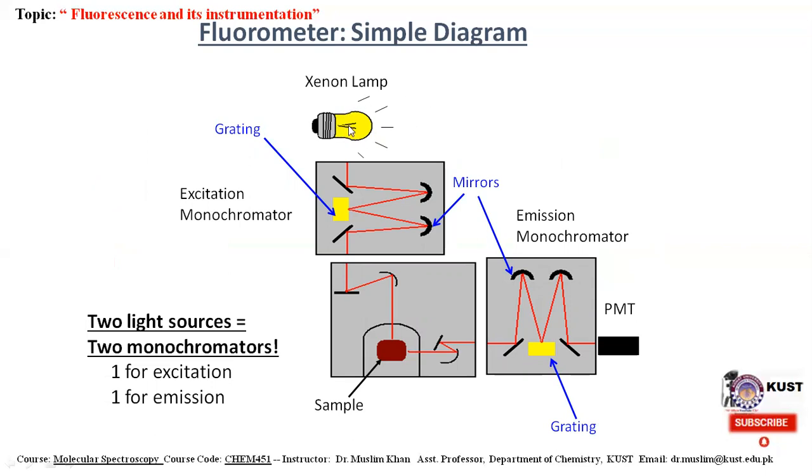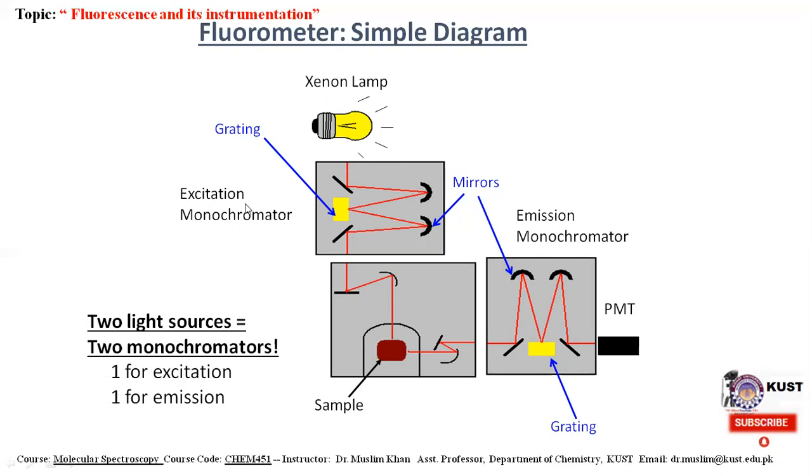There are different types of light sources used, which we will discuss in our coming slides. When this light comes from this polychromatic xenon lamp, it strikes the mirrors and then the grating. So this is basically a monochromator, the excitation monochromator.